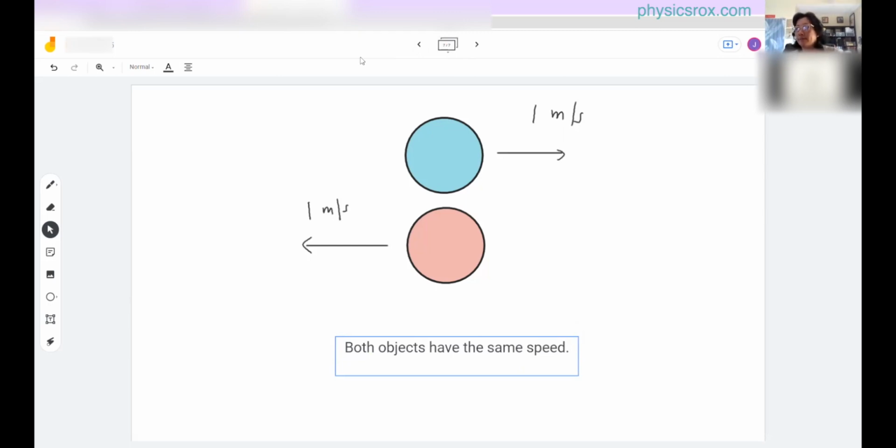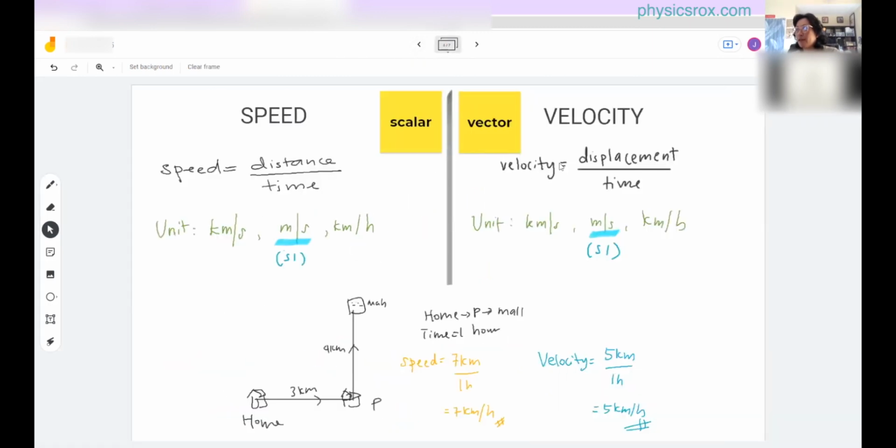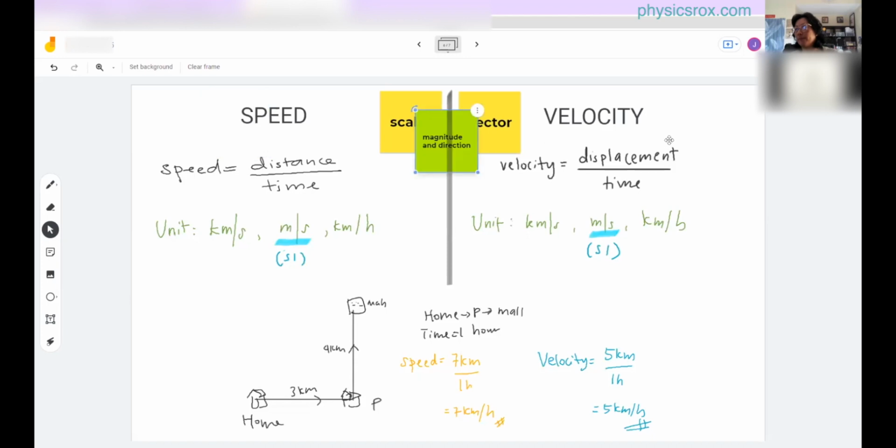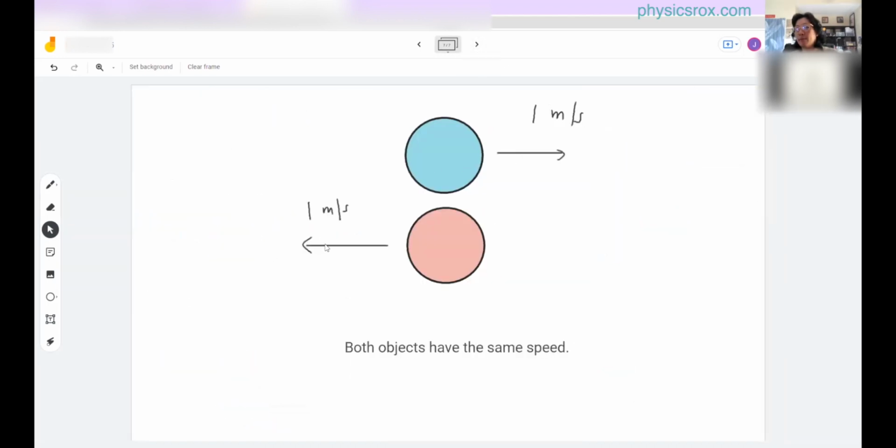You think yes? Velocity is a vector. Velocity as a vector means what? A vector means that it has magnitude and direction. So you see both of them have the same magnitude. Do they have the same direction?